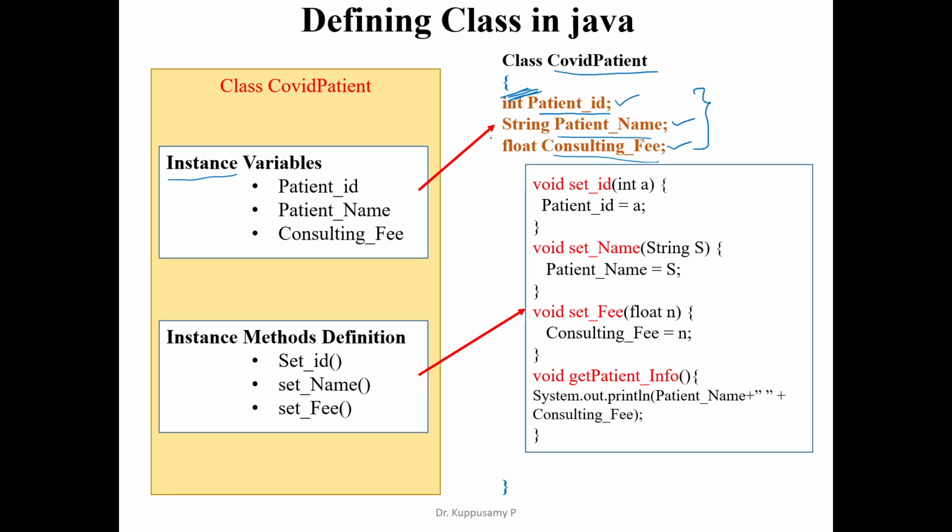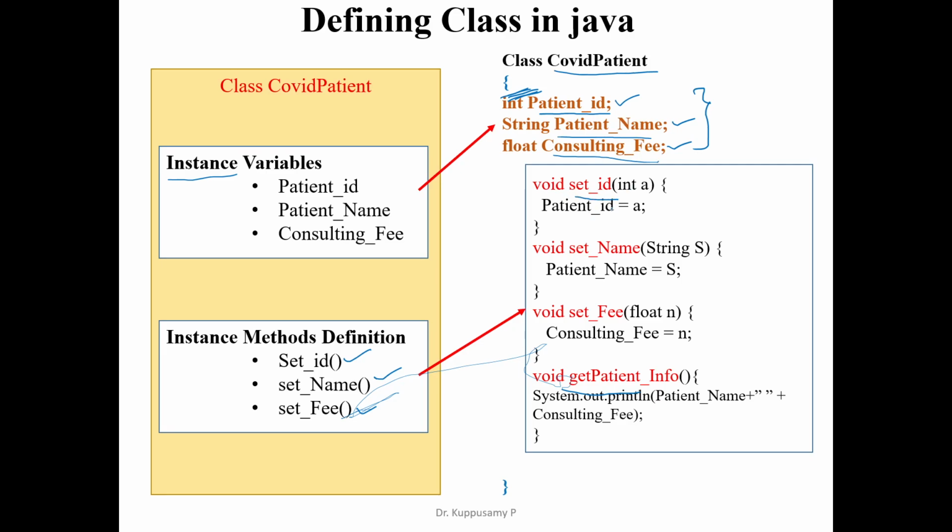This class also has three methods: set_ID, set_name, set_fee, and one more method, get_patient_information.